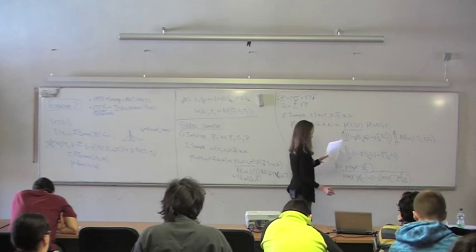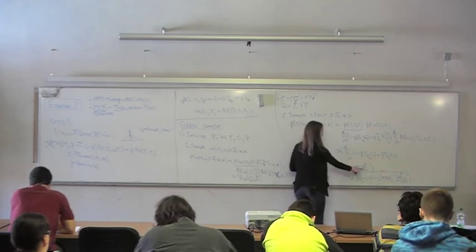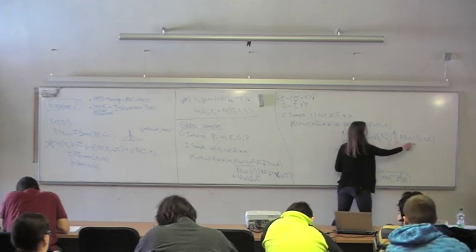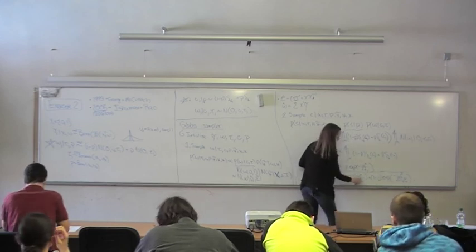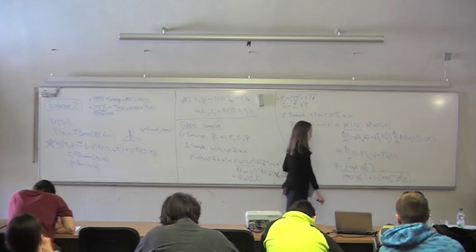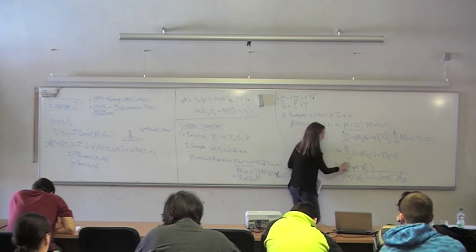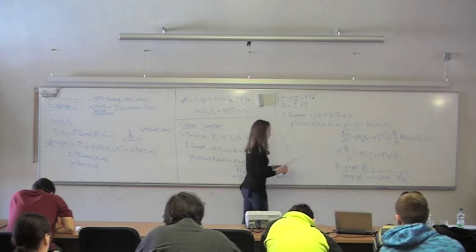So this is the normal we get when Cj is equal to 1, and this is the normal we get when Cj is equal to V naught. And we can ignore the normalizing constants in the normal because they cancel out.